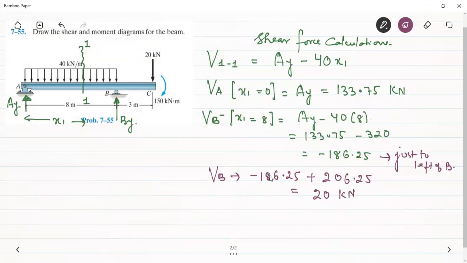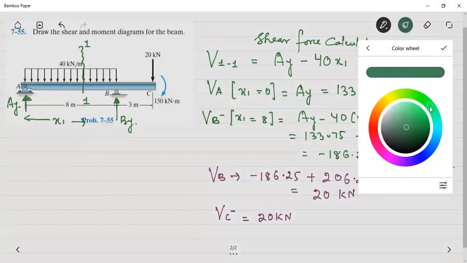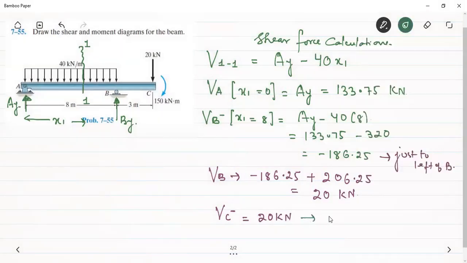This shear force will remain constant up to point C because there isn't any load acting up to point C. So the shear force just to the left of C will also be equal to 20 kilonewton. And what will happen to the shear force at C?